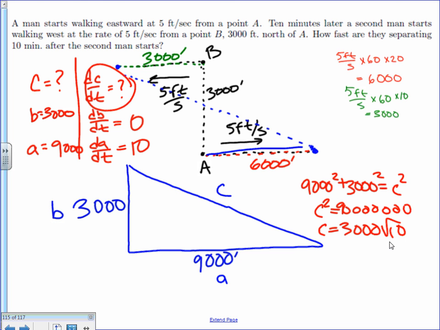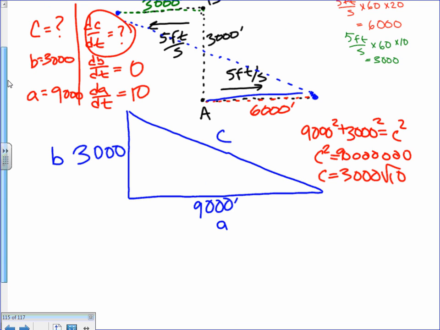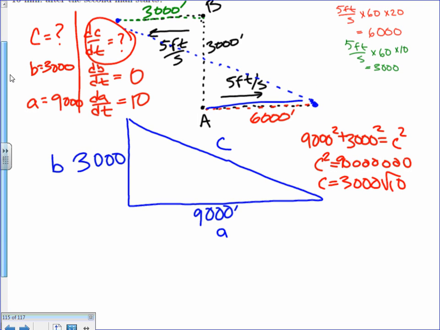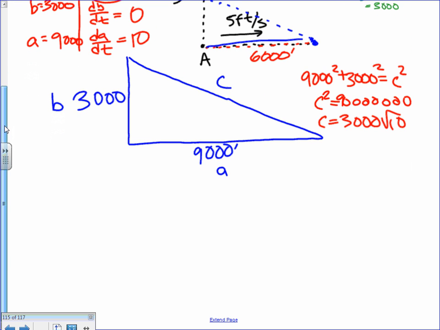Okay, so I've sort of given away the formula we're going to use here. Hopefully you see the formula that relates all the things we know, which now is everything in that chart, and only has one thing we don't know, dC/dt. It's the Pythagorean theorem. So I'm going to put that down here: A squared plus B squared equals C squared.